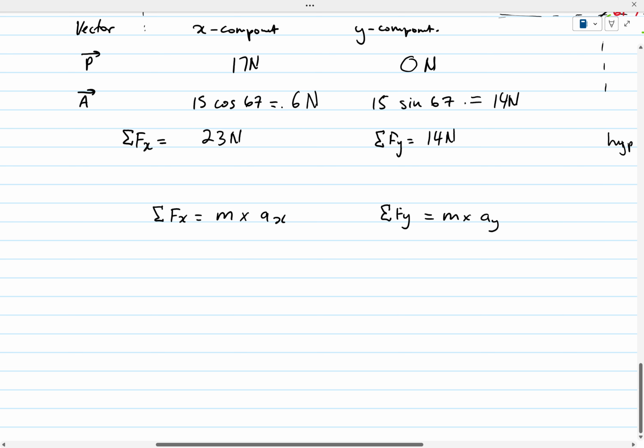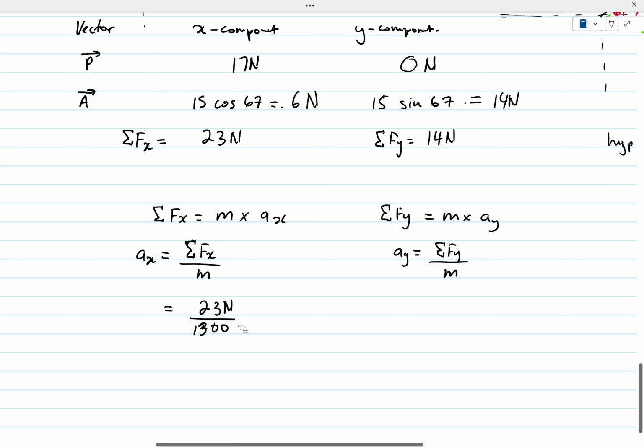Therefore, acceleration in the x direction is going to be equal to the sum of forces in the x direction over the mass. Hopefully I'm not going too quickly over the mass. Same thing here. Acceleration in the y is going to be the sum of forces in the y direction over the mass. This is going to be equal to 23 newtons over the 1300 that we stated previously.